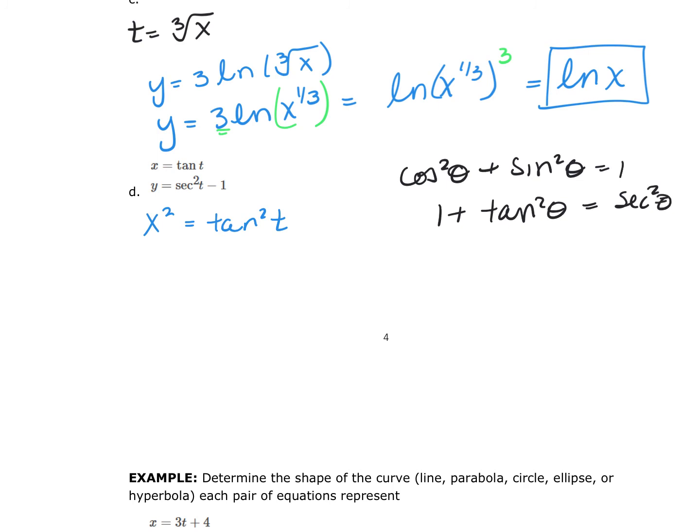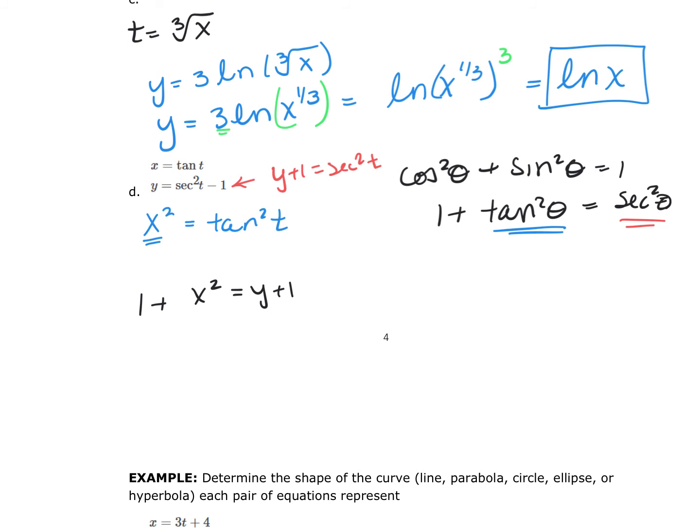So using that bit of information, wherever I see tangent squared, I'm going to replace with x squared. So I have 1 plus x squared. Now, I have secant squared right here. So if I take this and say y plus 1 is equal to secant squared of t, then I can replace that secant squared with 1 plus y.